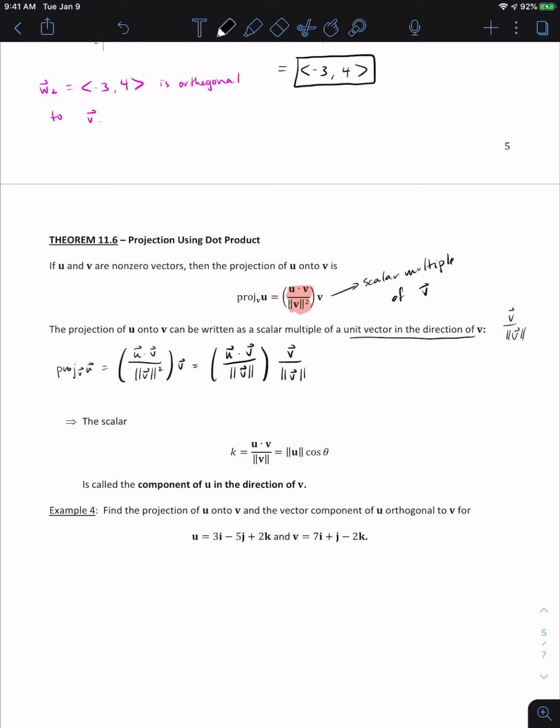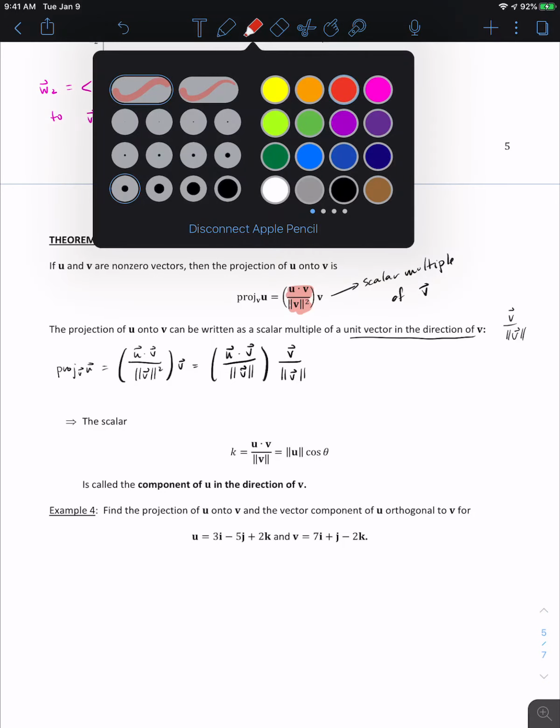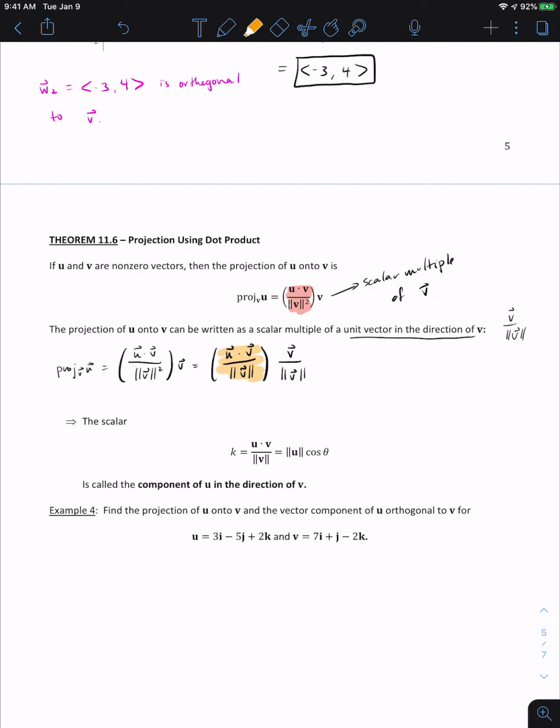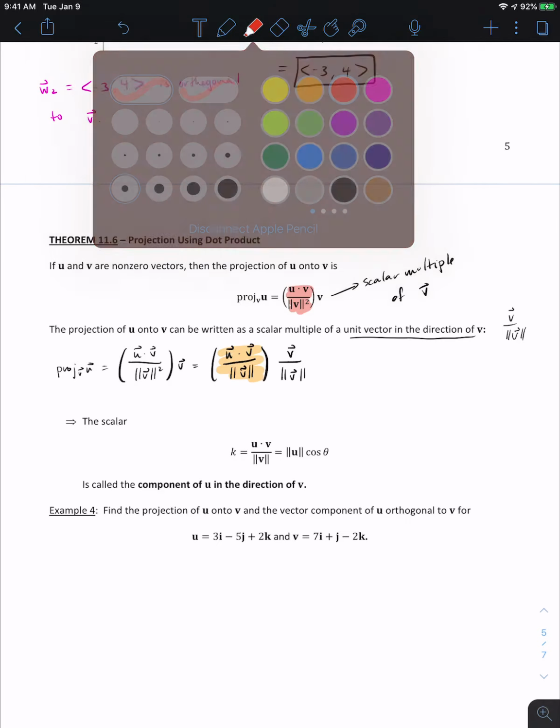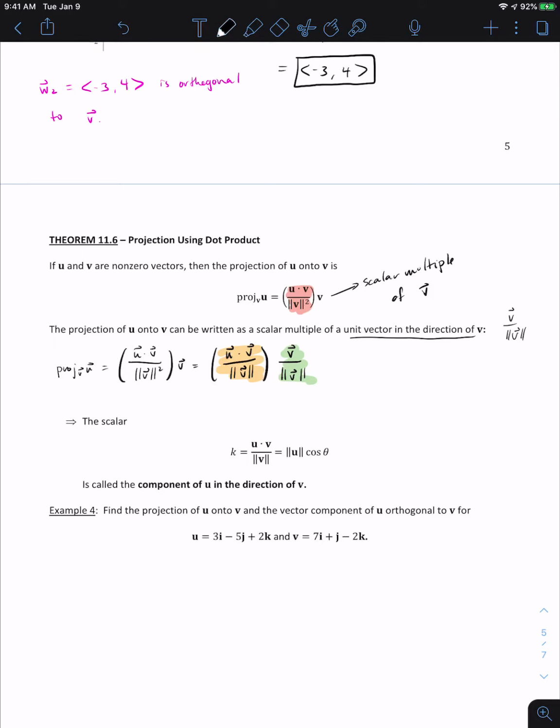And so now this piece right here is a scalar, we'll call it k, and this piece right here, let's do green, is the unit vector in the direction of v. We learned that formula long ago.